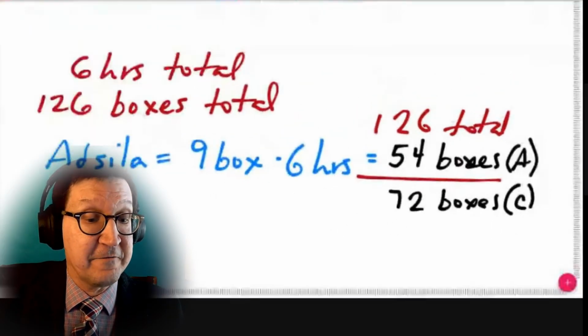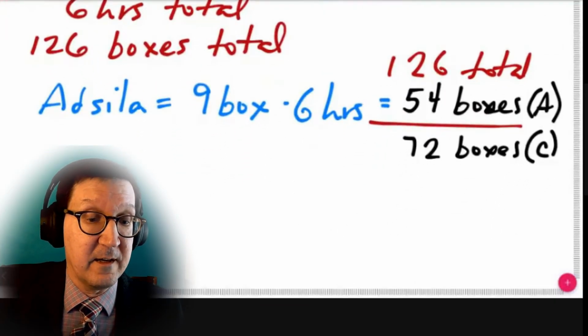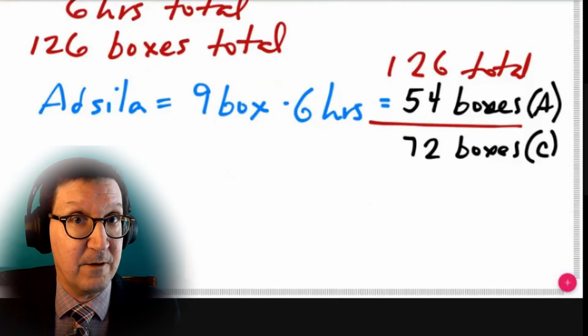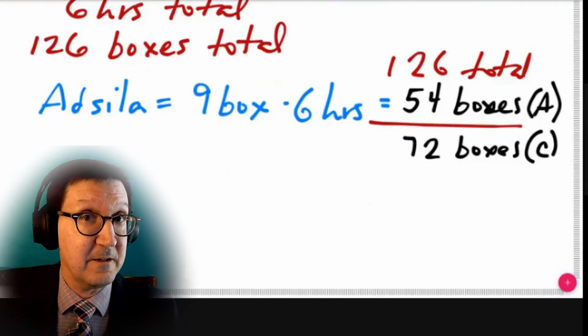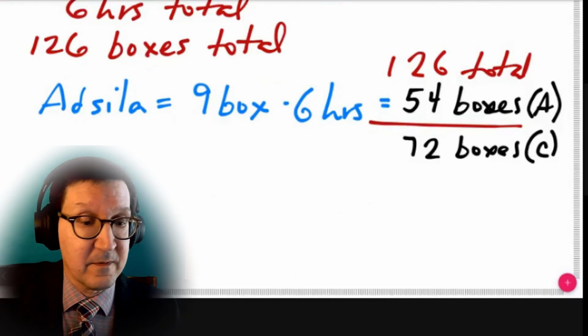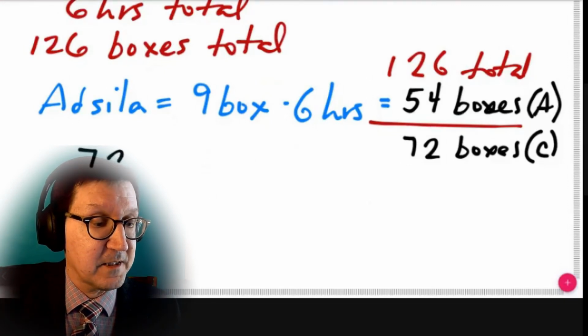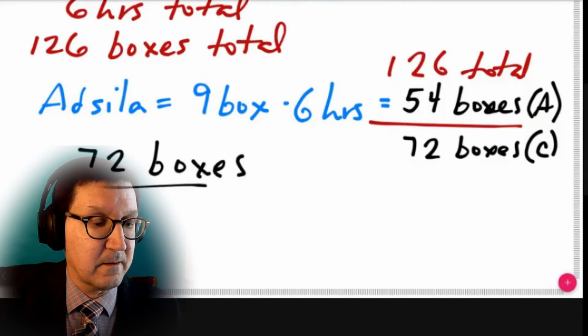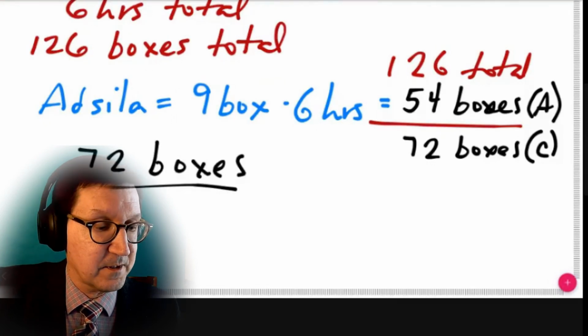So now we can find out how many boxes Carlos filled per hour, because we know how many boxes he filled and we know how long he worked. He filled 72 boxes per 6 hours.